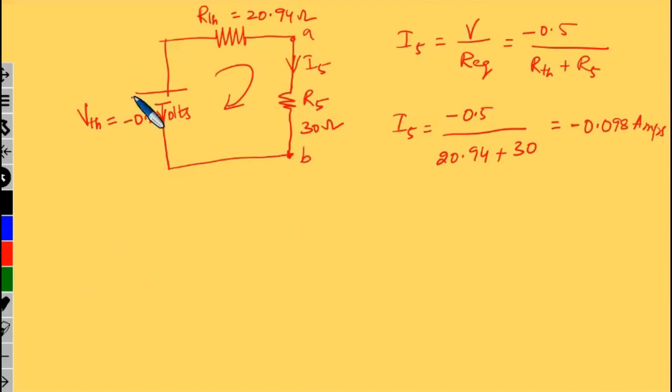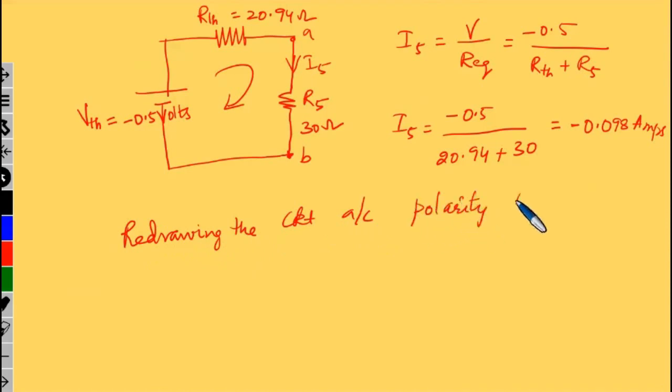Or you can see here the symbol of the voltage is minus, right? So I am redrawing this circuit according to the polarity of voltage. The top portion is the negative plate and the bottom portion is the positive plate.